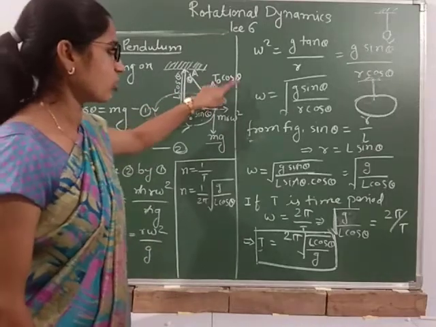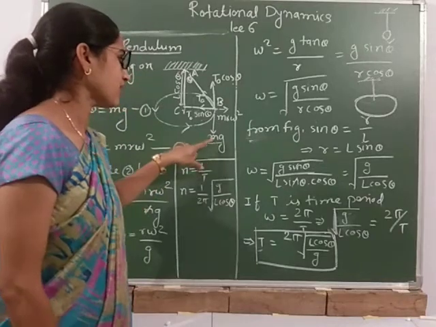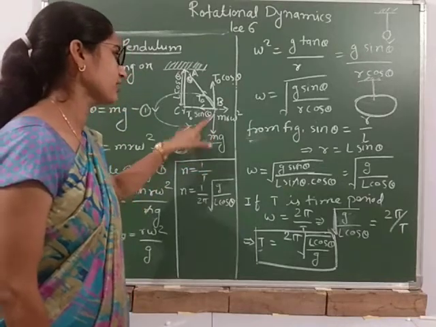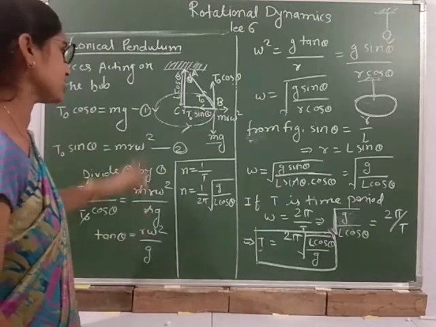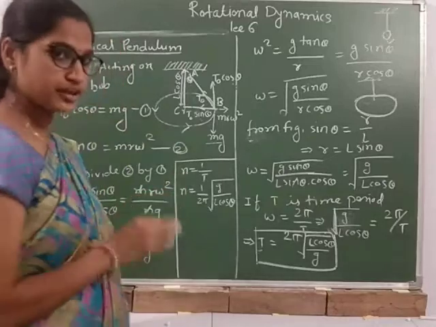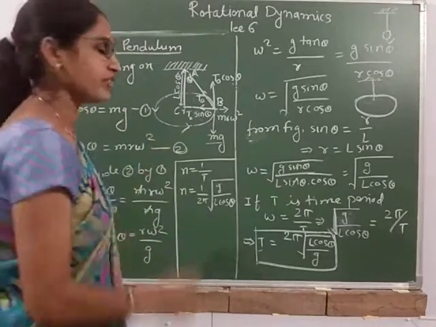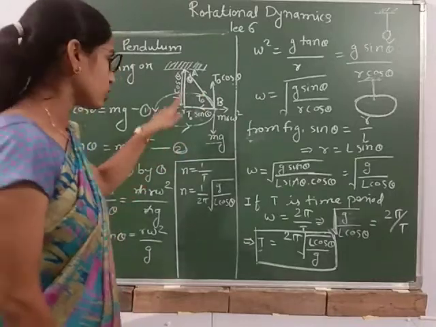Now this T0 cos theta will balance the weight mg of the bob. So T0 cos theta is equal to mg, and T0 sin theta is nothing but the centripetal force because of which the bob is performing a horizontal circular motion.